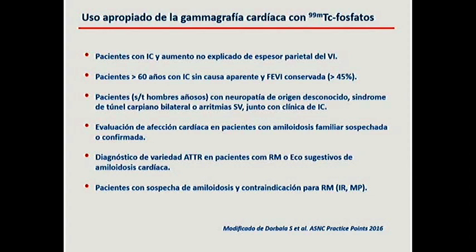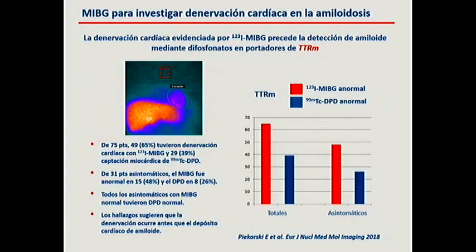ATTR variety diagnosis in patients with RMI that is suggestive of cardiac amyloidosis. This is where we would use pyrophosphates. Patients with suspected amyloidosis and counterindications for RMIs, patients with pacemakers, with kidney insufficiency. These would be the proper criteria.